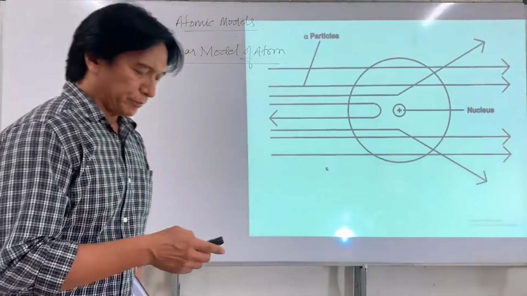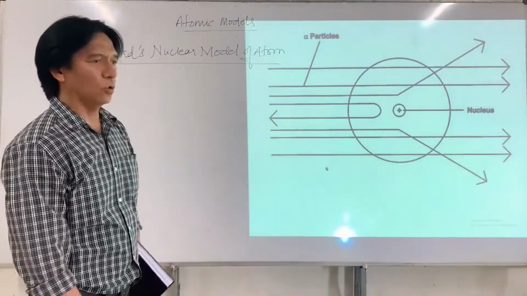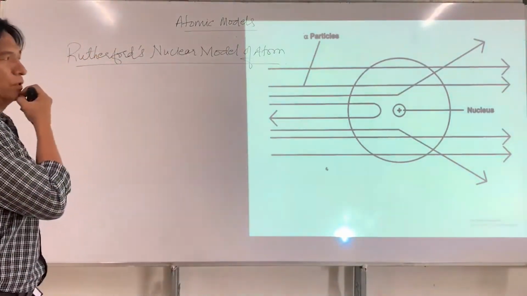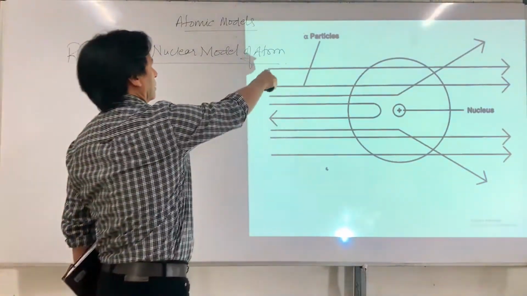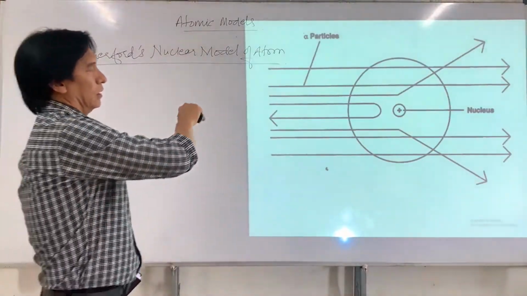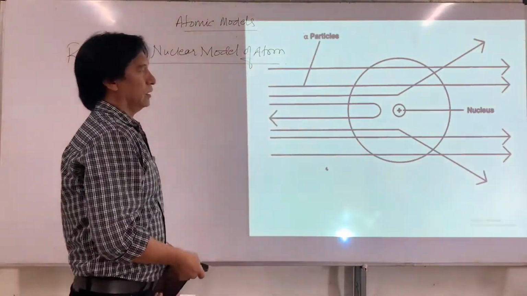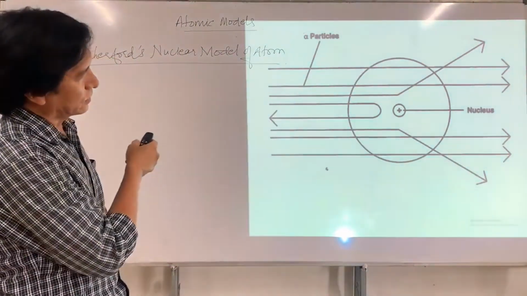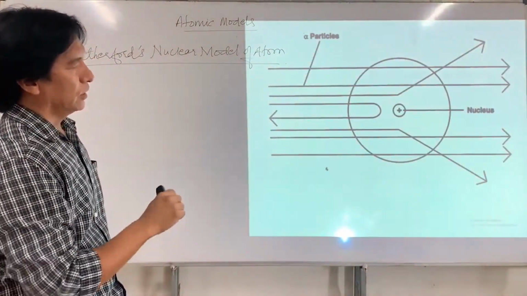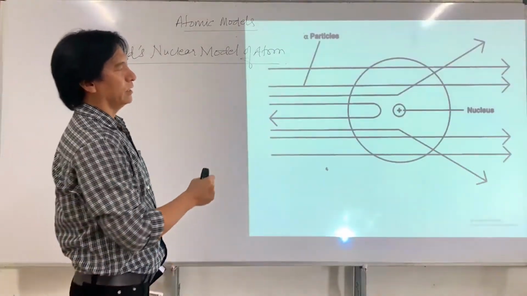See, now this is supposed to be just one atom of gold in that thin foil of gold. So you will see that these are your alpha particles. They are now seen passing through the atom of gold, and you see that most of these alpha particles are seen passing straight through the gold foil or through the atom of gold without any deflection as such.